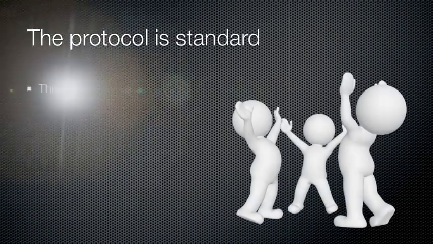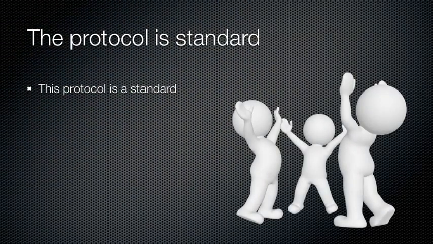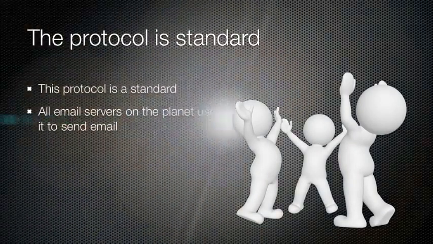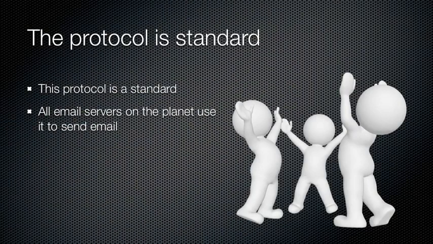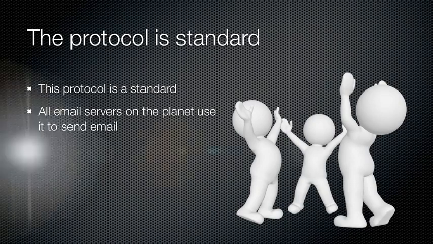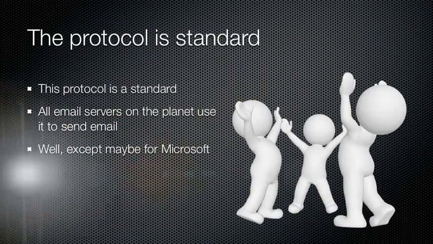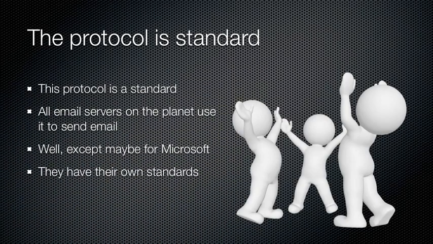This protocol is a standard for every single email server on the planet. So all email in the world is delivered this way. Which means, of course, that all the servers on the planet must work this way and they must adhere to the protocol. Of course, this excludes Microsoft because they have special engineers and they know much better how their mail server should work.